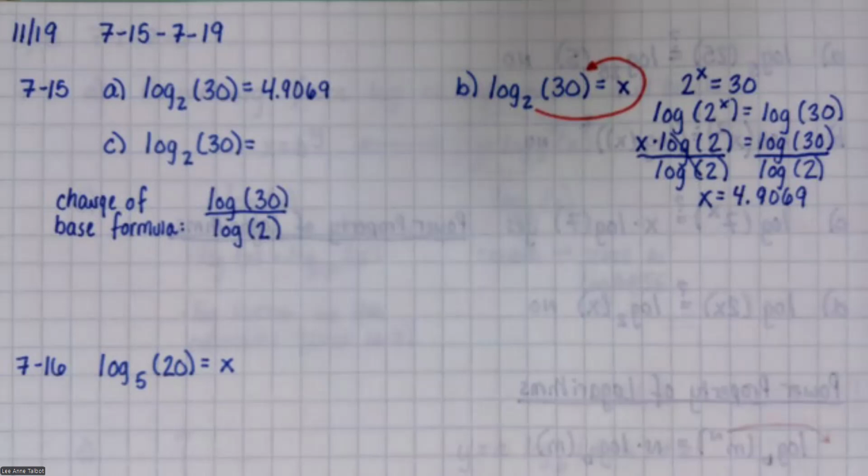Okay. Now on number 16, I want you guys to do this one. I want you to do it two ways. I want you to do the circle, just like that, just follow that problem, do the circle, exponential log both sides, get an answer, and then I want you to check your answer by typing log base 5 of 20 into the calculator. Does that make sense?